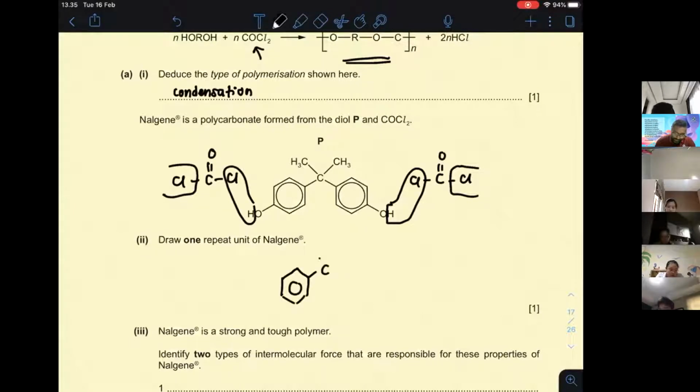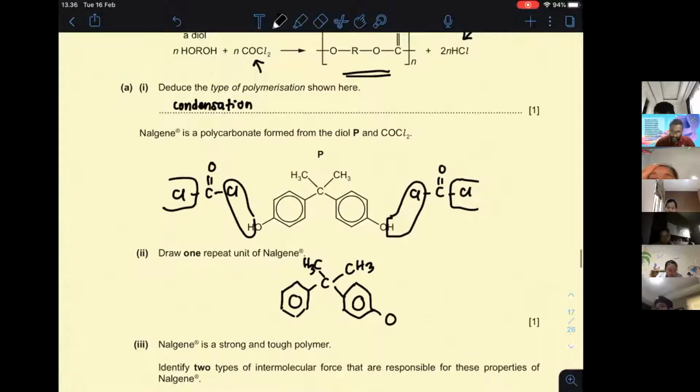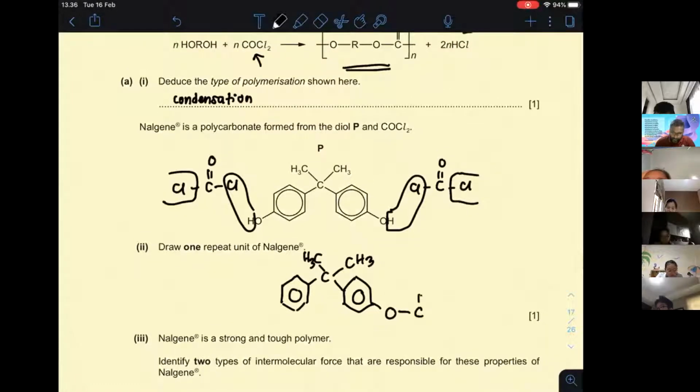CH3, CH3, O. Now this O will be connected to C double bond O. Then there is one part.